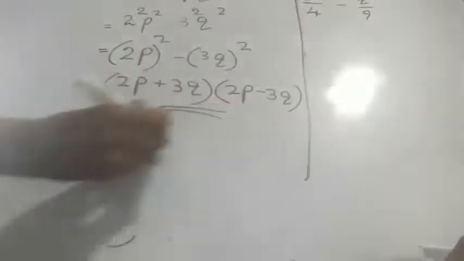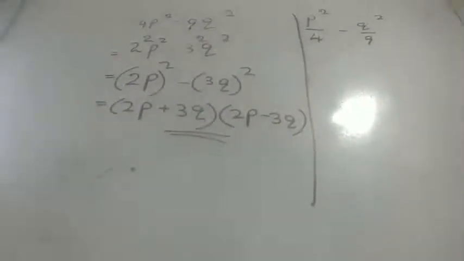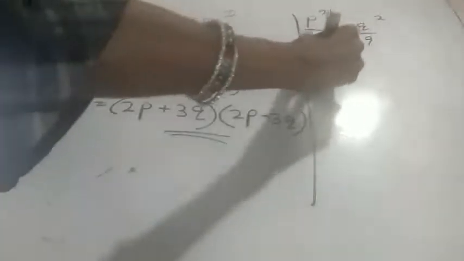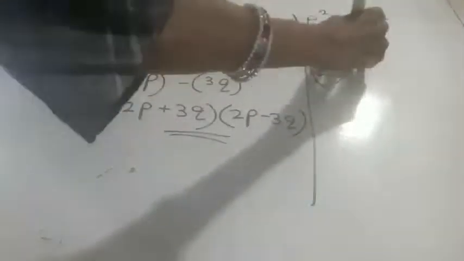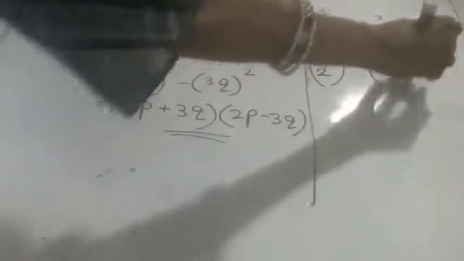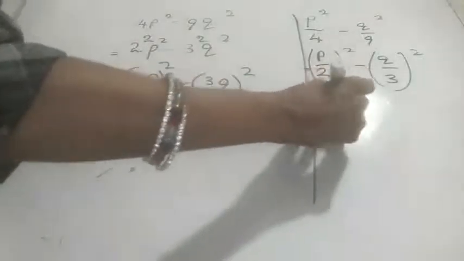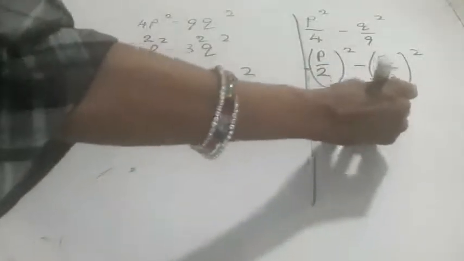We can write this as p over 2 squared subtract q over 3 squared, is equal to p over 2 plus q over 3 times p over 2 subtract q over 3.